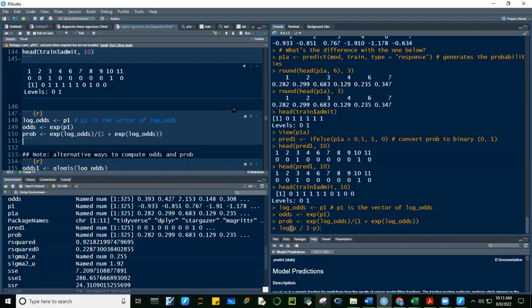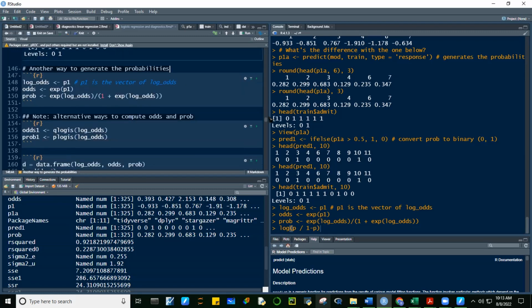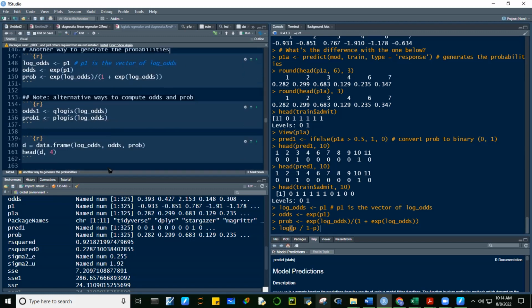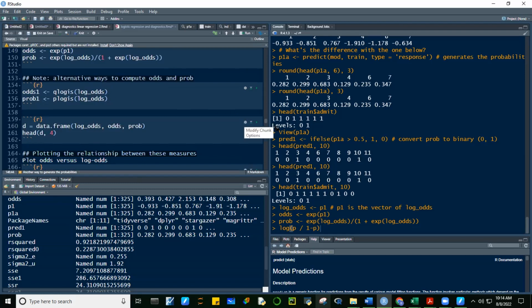So this is just another way to generate the probabilities. Lagyan lang ng notes nyo guys para hindi kayo malito kung para saan to. It was just meant to show you that we could have also created the probabilities using this method. Okay, so this is another way, but we won't run that anymore. Just explore that for yourself.